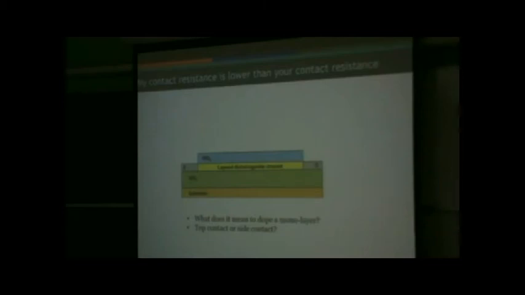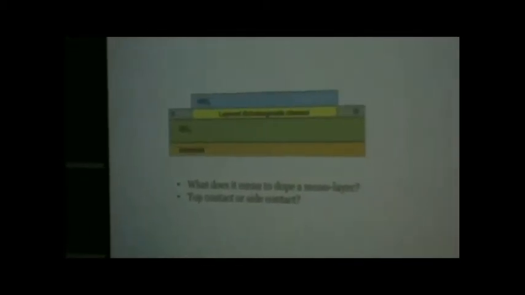We need some kind of doping. Now, I do not know what it means to dope a monolayer. How do you dope a monolayer? Ali Javey's group at Berkeley is doing very nice work on what they call charge transfer doping. They are putting potassium on top of these monolayers, and there is some charge transfer that happens.